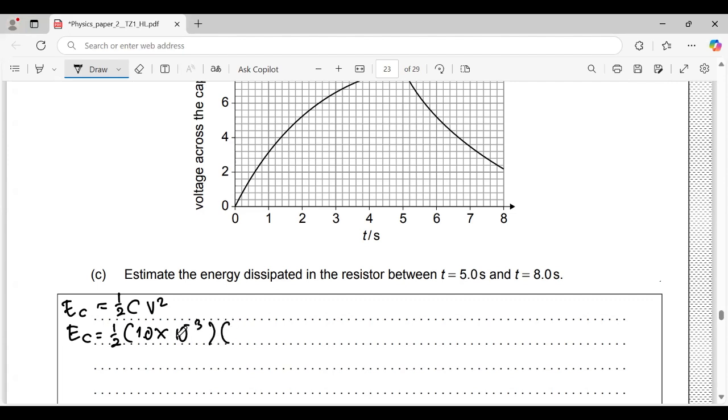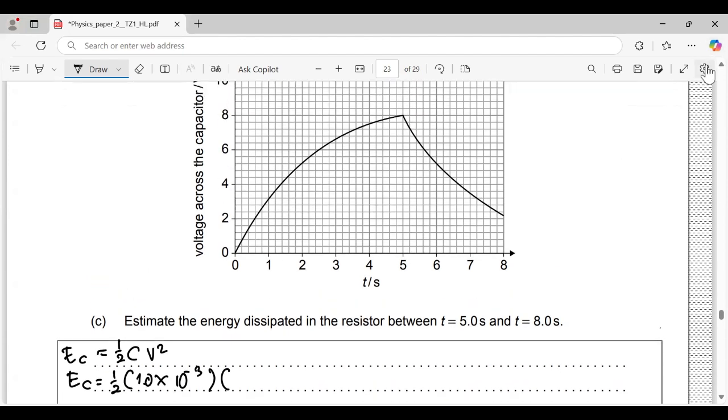And then the voltage, or potential difference: when t equals 5, the potential difference is 8, and the energy dissipated occurs during this interval, 5 to 8.